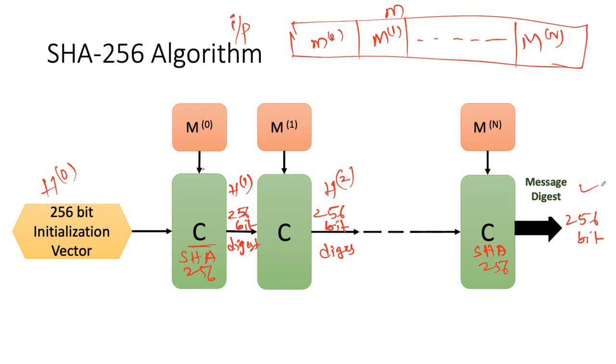If the message is L, then L plus 1 bit as one, and then K amount of 0 bits, modulo 512. We can do the modular operation to find out how many bits we need to append. That is L plus 1. One bit we use for separating the original message bits and the padding bits.